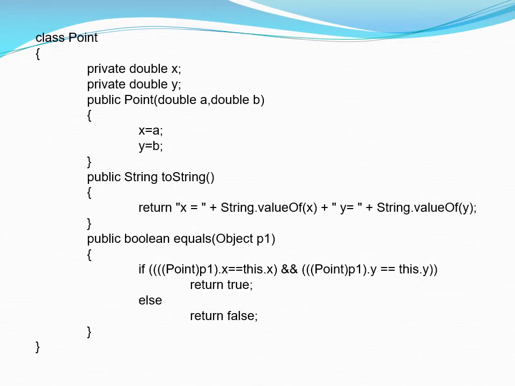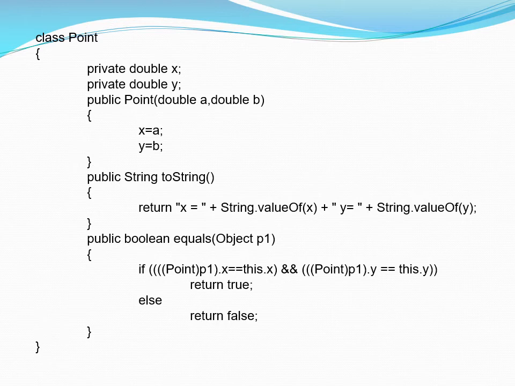But if I just use those methods, suppose I want to print a point and show that the x coordinate is this and the y coordinate is this, I will get something of the same form as we saw in the previous example. That means if I try to print an object of type Point, I will get the name of the class, @, and the hash code.